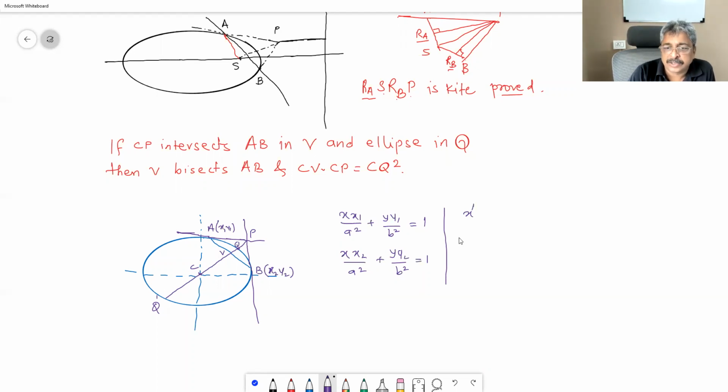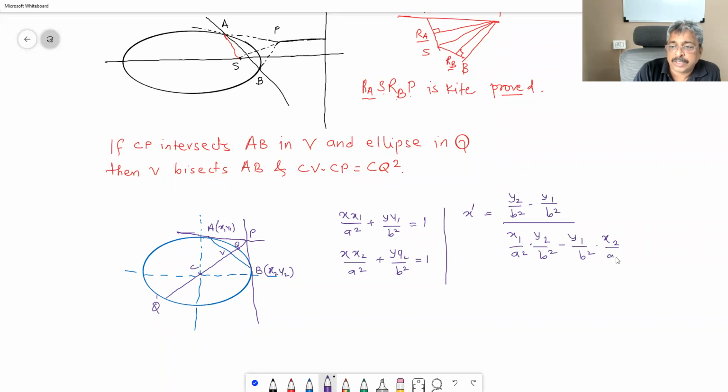The x coordinate of P is y2 upon B square minus y1 upon B square, whole divided by x1 upon A square into y2 upon B square minus y1 upon B square into x2 upon A square.